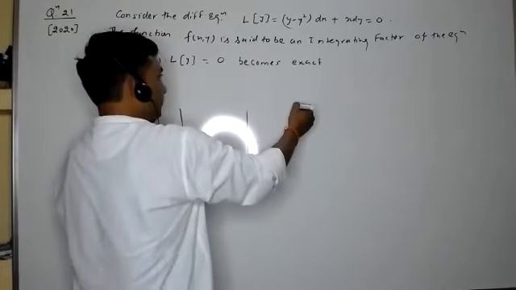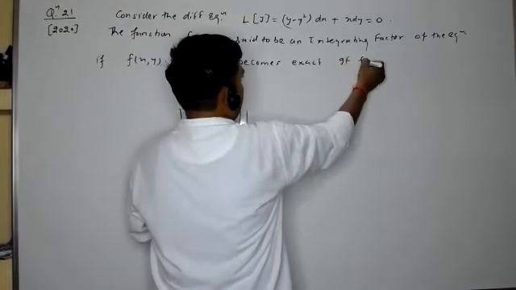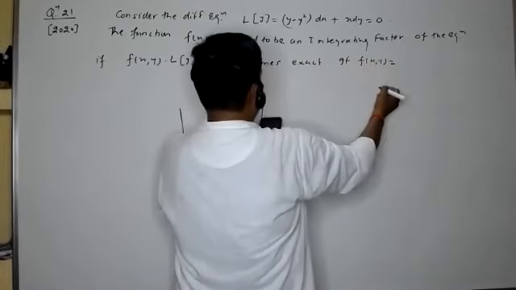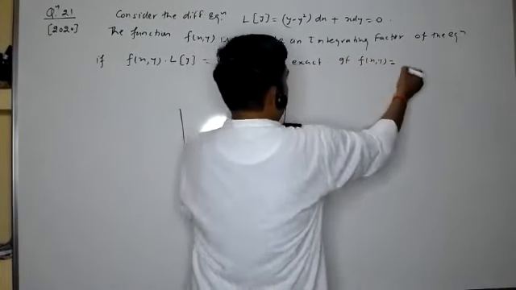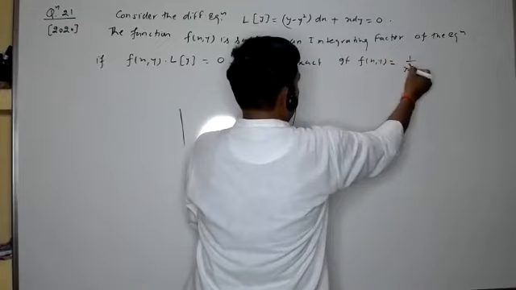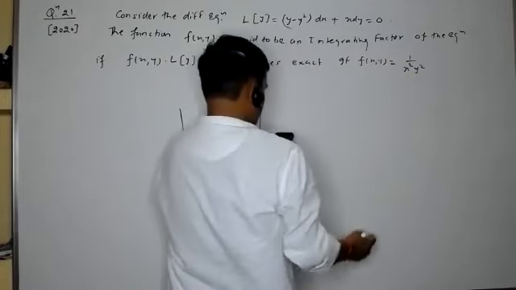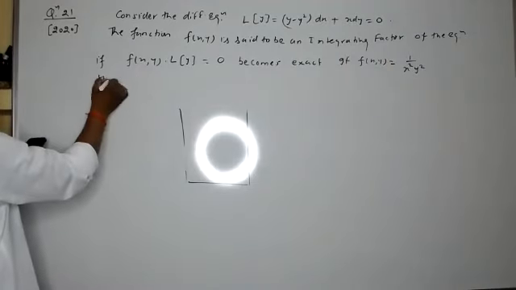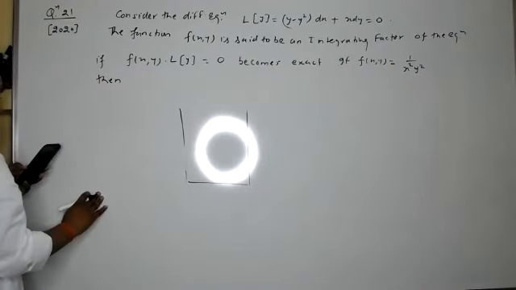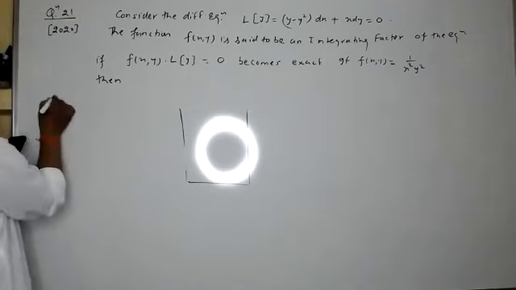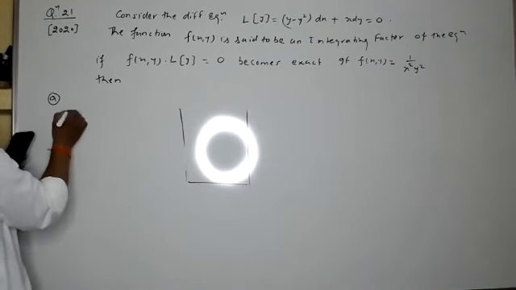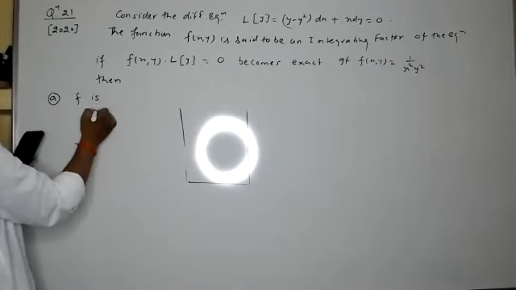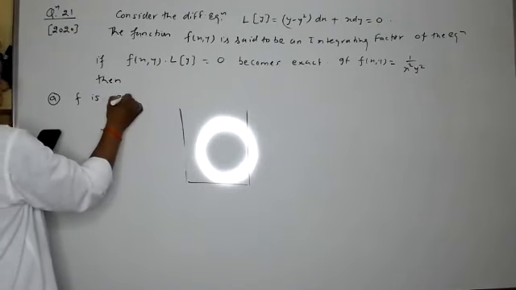What they said: if f of xy equals 1 upon x square y square, then option A. One option I would like to write here, others will be symmetrical in nature.